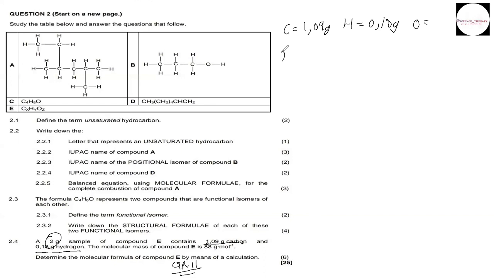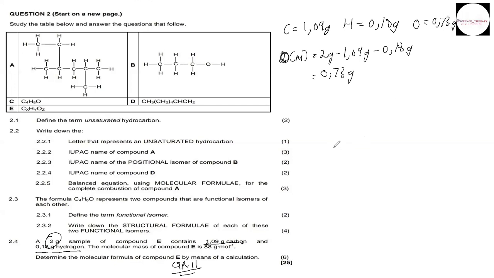So to find that, we need to say the mass of the oxygen is 2 gram minus 1.09 gram minus 0.18 gram, right? So it will make up the 2 gram. Then 2 minus 1.09 minus 0.18 will give us a value of 0.73 gram. So that's our oxygen, 0.73 gram.